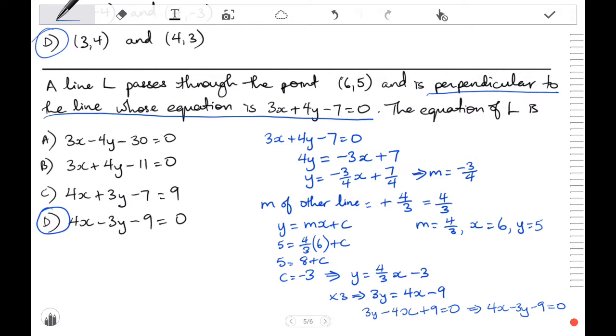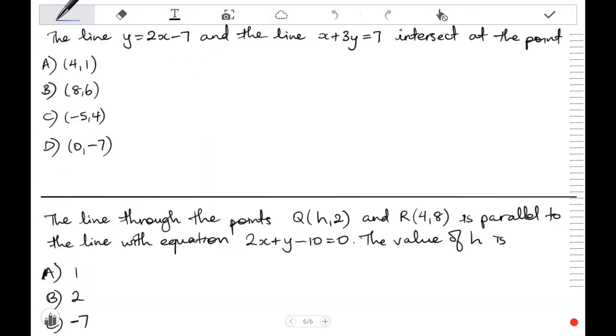Okay, so let's look at one or two other questions, a multiple choice as well. The line y equals 2x minus 7 and the line x plus 3y equals 7 intersect at the point. We have some options here. So once you want to know where they intersect, all you have to do is solve simultaneously. As usual, this is all you have to do.